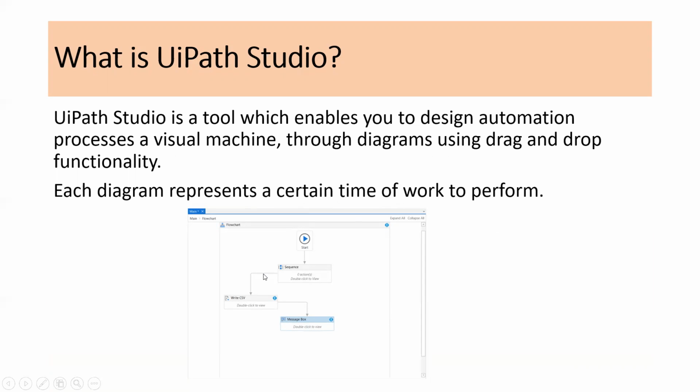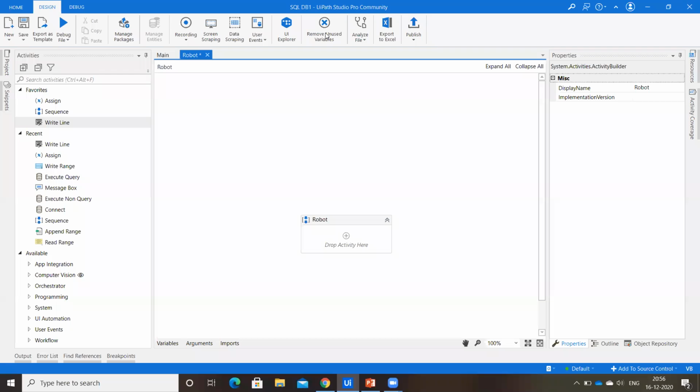As you can see here, this is how the UiPath Studio looks like. Here you can see so many things like manage packages, recording, screen scraping, data scraping and all. In the activities panel, you can see a number of activities.